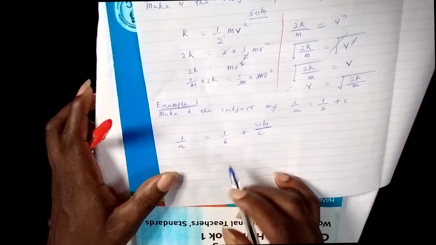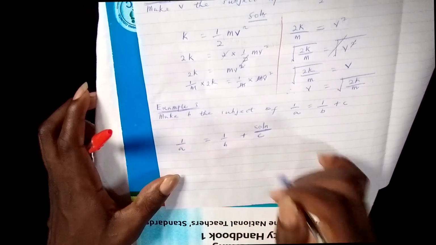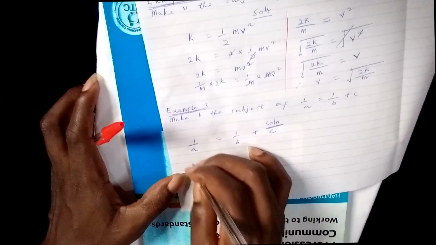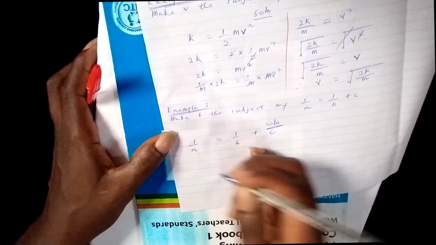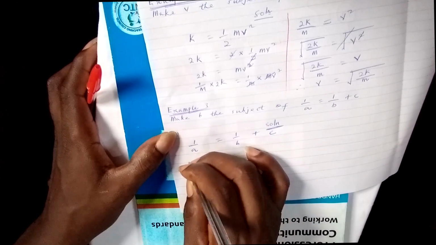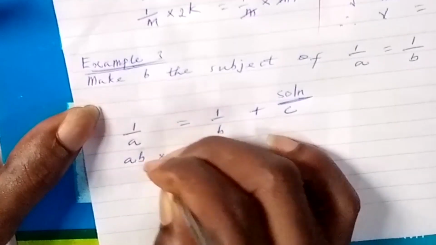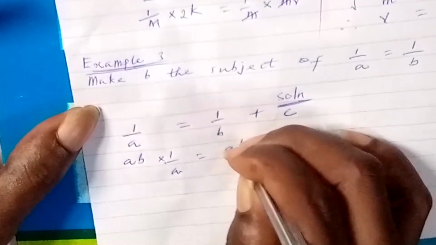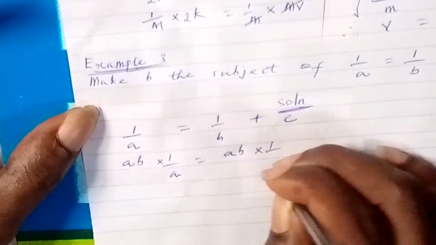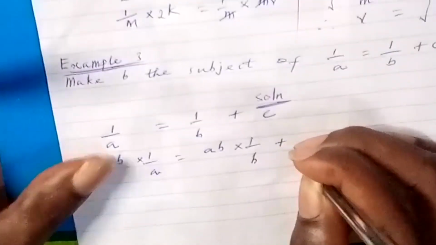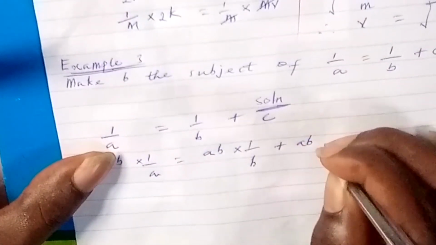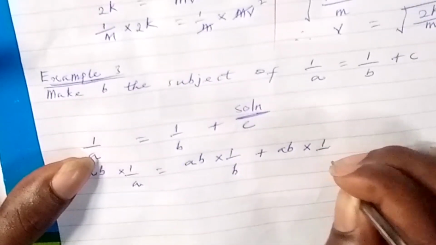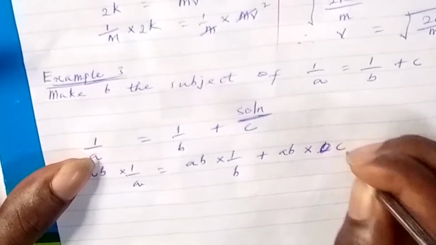So in this case, we have to multiply through by ab. So ab times 1 over a is equal to ab times 1 over b plus ab times c.